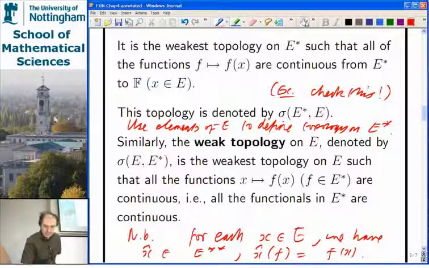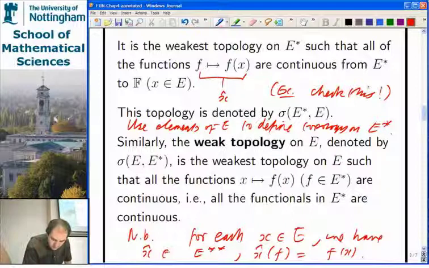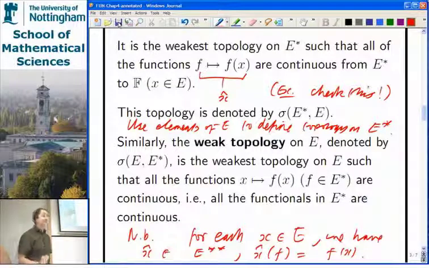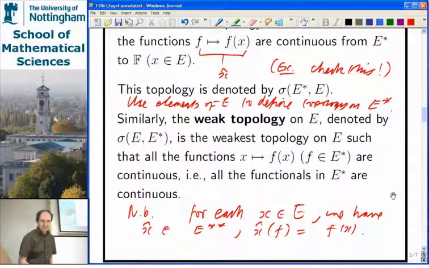And so if you go back up here, that map here, that's x hat. So the weak star topology could also be described as the weakest topology on E star that makes all of the x hats continuous, which is very similar to this weak topology being the weakest topology that makes all of the things in E star continuous.